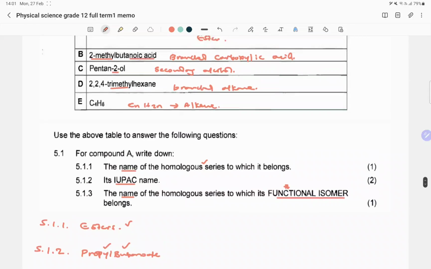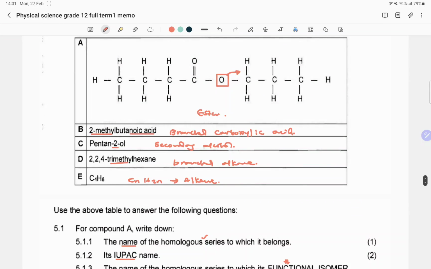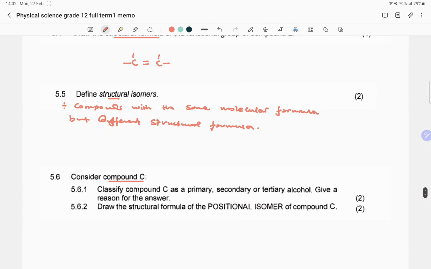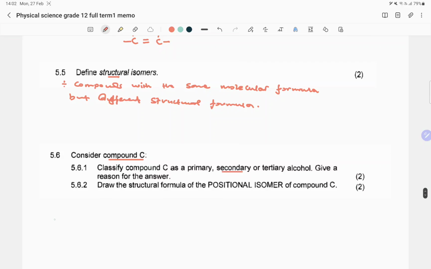Now consider compound C. Now let's look at compound C. It is pentane 2-ol, so it's the secondary alcohol. Okay. It says now classify compound C as primary, secondary, or tertiary. We know that that is the story. So 5.6.1, it is a secondary alcohol. All right, give a reason for its answer.